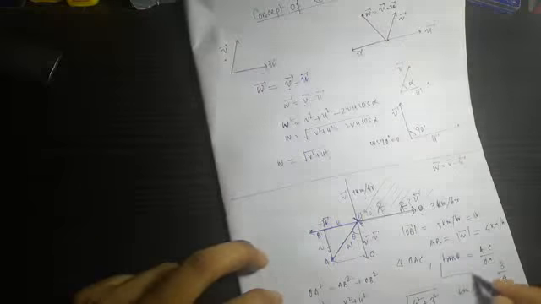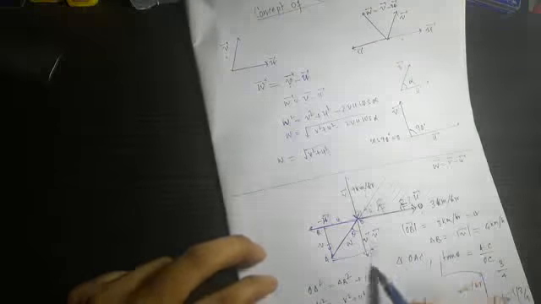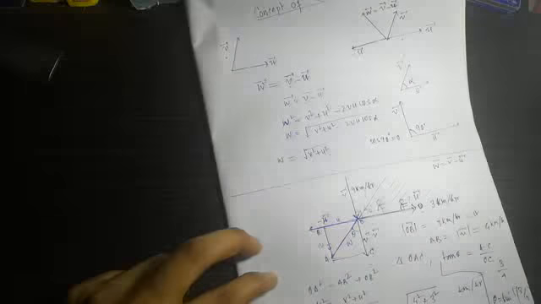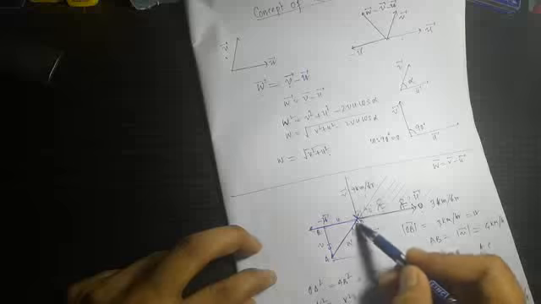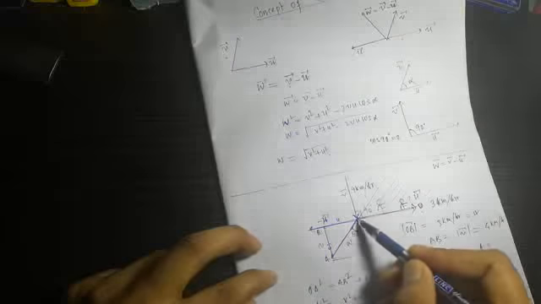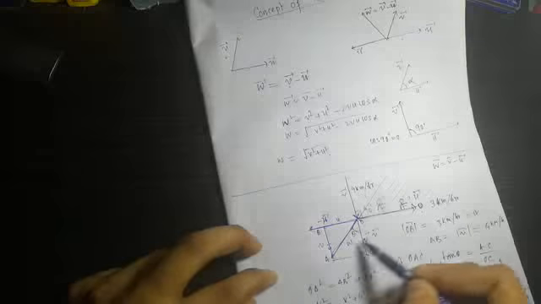So you get theta equal to tan inverse of 3 by 4. So you have got the velocity of the rain with respect to the observer as well as its direction, that is, it is at an angle of tan inverse 3 by 4 with the vertical line.